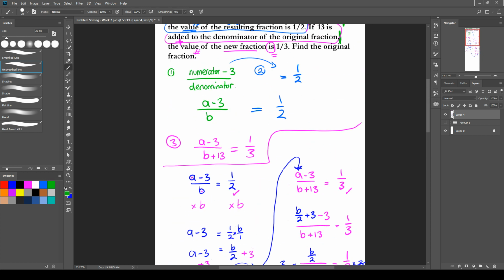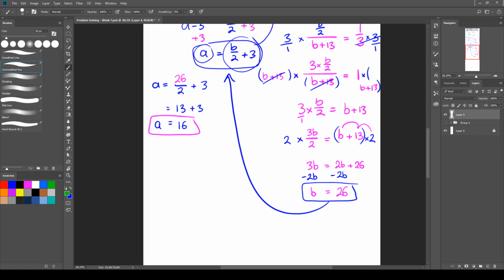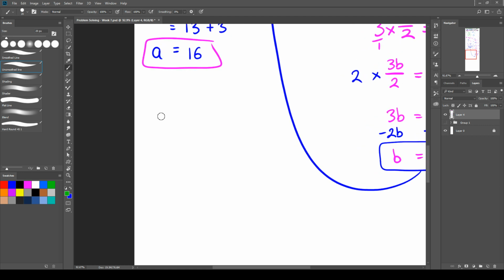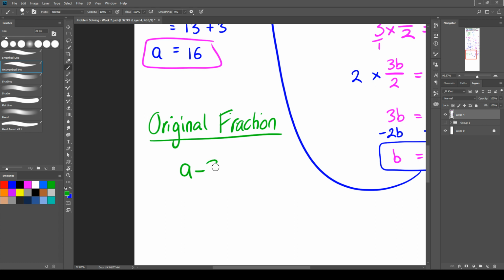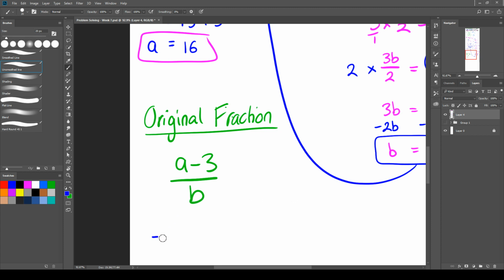Let's go back. It's asking us to find the original fraction, which was this. So let me copy that down. The original, not an equation, fraction, was A take away 3 all divided by B. We know that the letter A is 16.